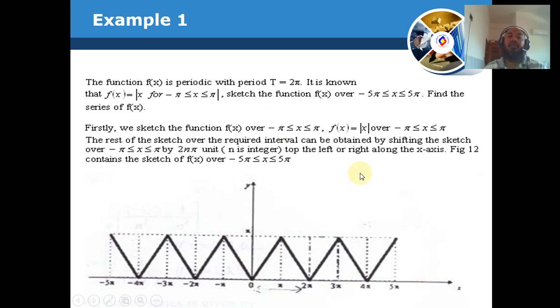Firstly, we sketch the function over -π to π. So this is the function. We have f(x) equal to |x|, the absolute value.